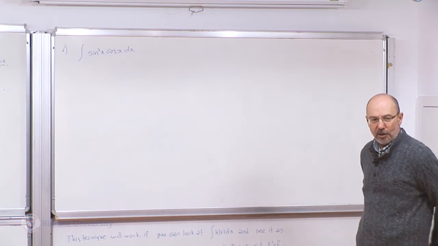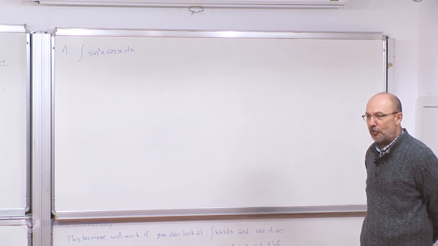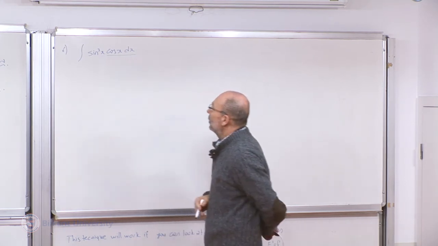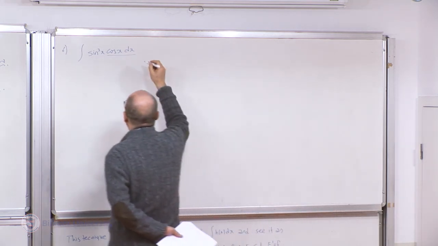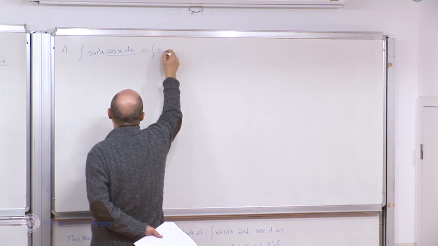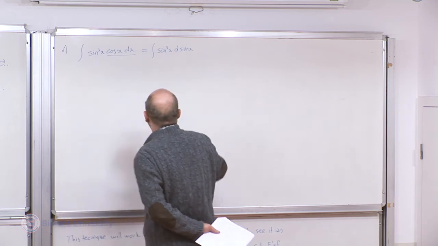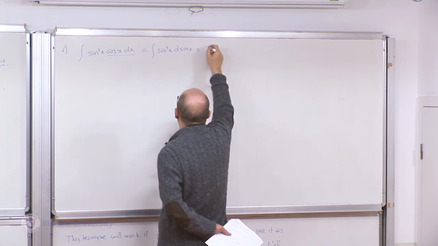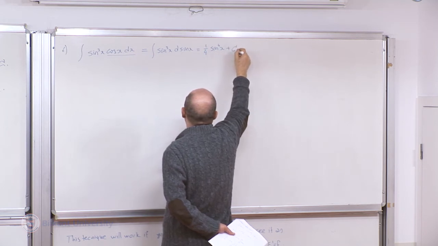Okay, so what do you see when you look at this immediately as far as substitution is concerned? Okay, so this part is d of sine x. So I can do this like this if you feel like you are good at calculus. Okay? So something cubed d something is equal to what? 1 over 4 something to the power 4 plus constant.